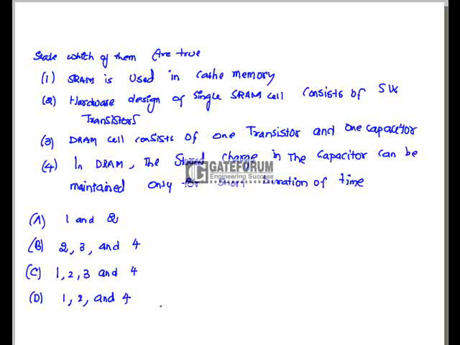In DRAM, the stored charge in the capacitor can be maintained only for a short duration of time, because the data is stored in the form of voltage in the capacitor, which loses its charge as a function of time. Hence we have to refresh it frequently. So all the statements are true. Hence option C is correct.